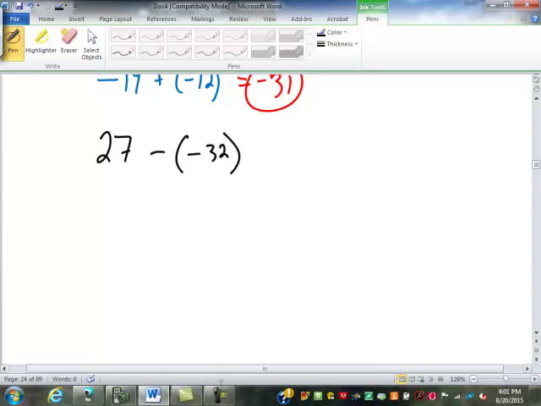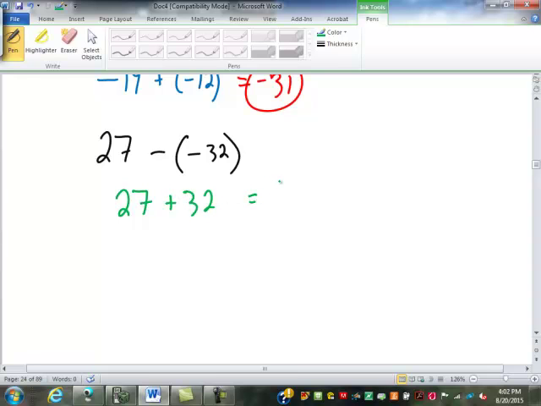Try that one. So, what's this become? 27 plus 32.